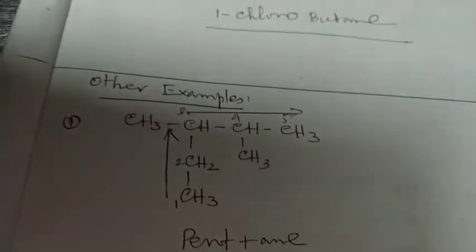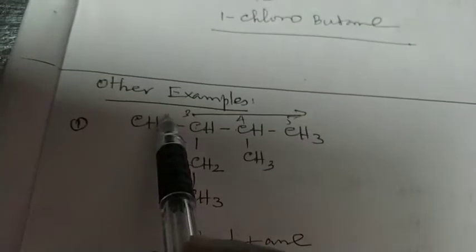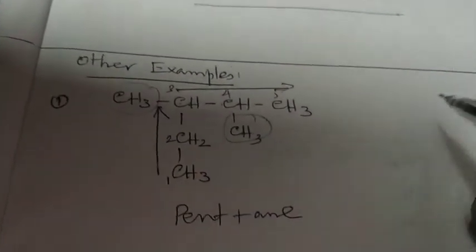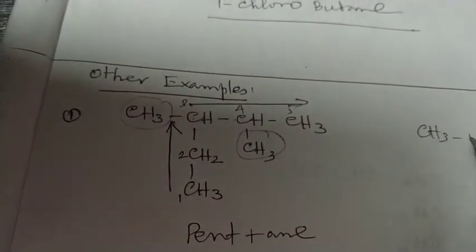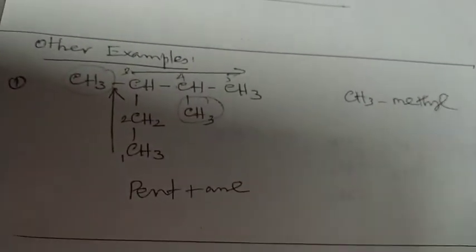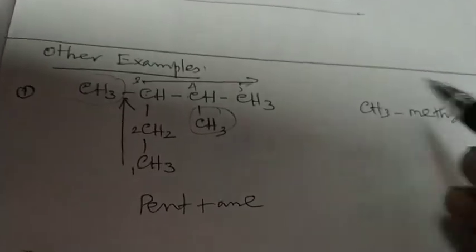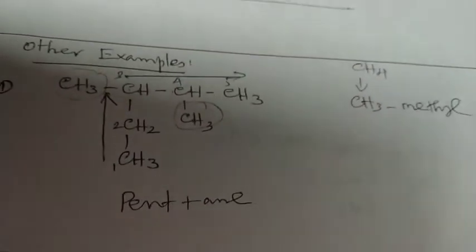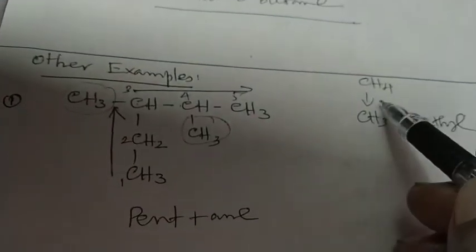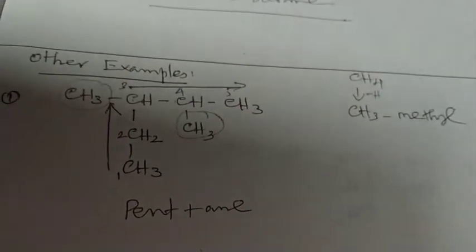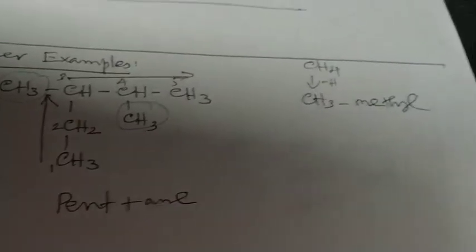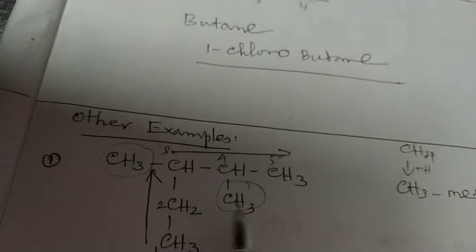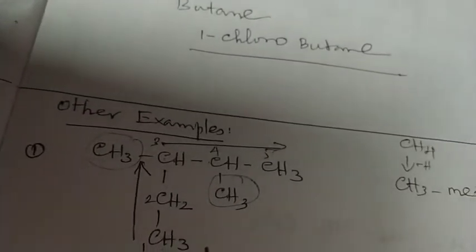And also see, there are 2 substituents. Here one substituent, here one more substituent. CH3 is methyl. This is obtained from methane by replacing one hydrogen, so a methyl group is obtained. So there are 2 methyl groups in this organic compound.